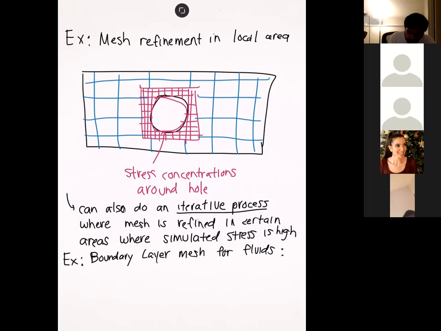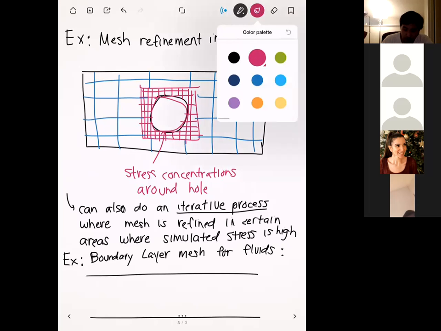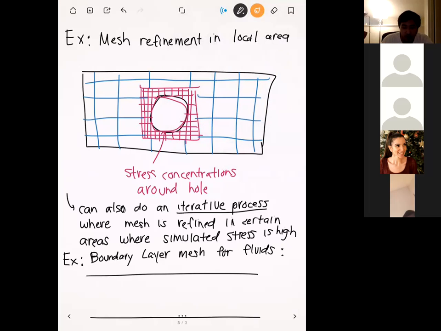And so let's say that we have flow in a tube. Let's say that this is our tube right here, okay? What a boundary layer mesh is, basically, is that we want better mesh refinement near the solid walls of our tube.